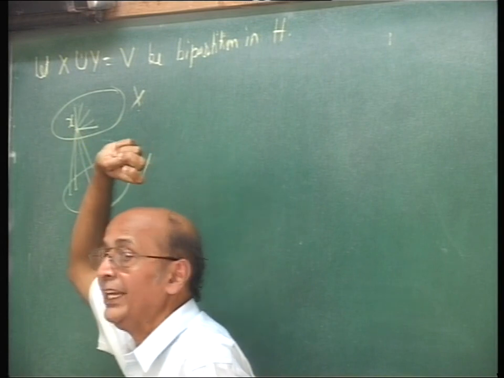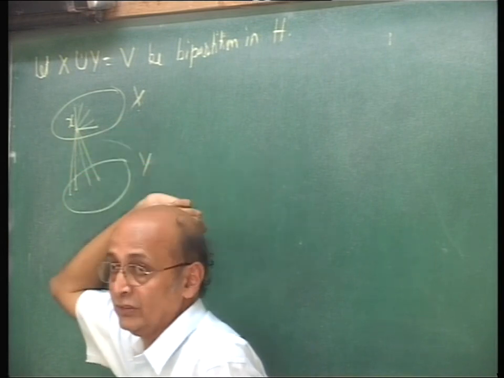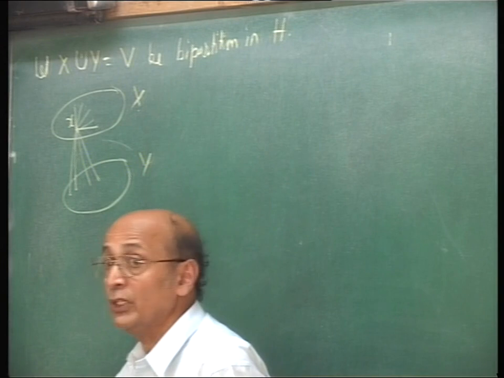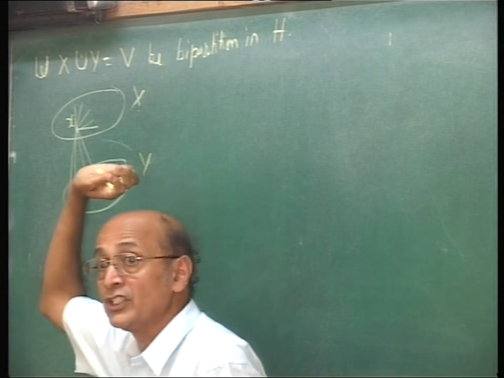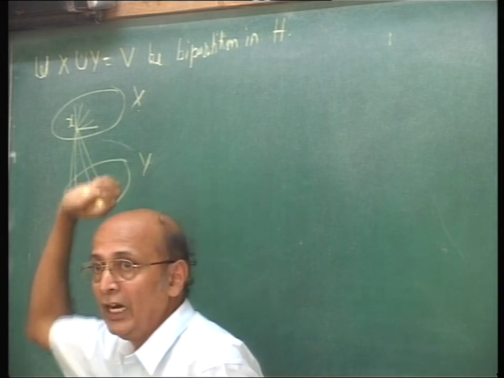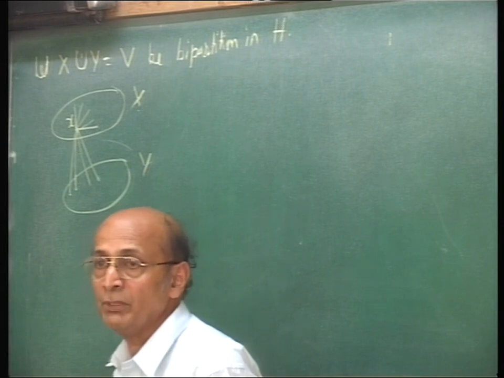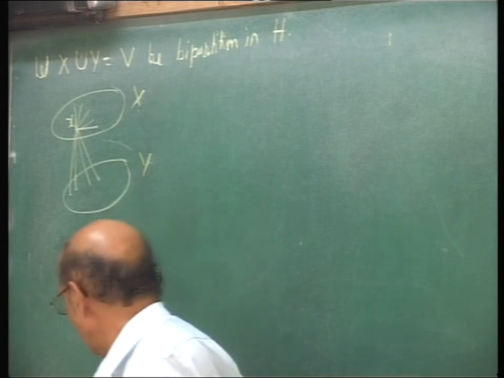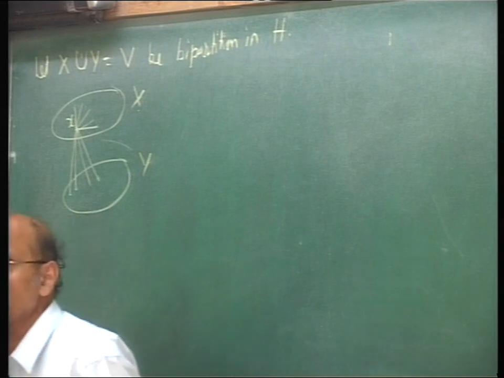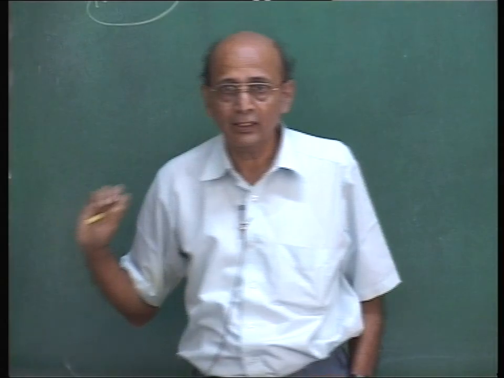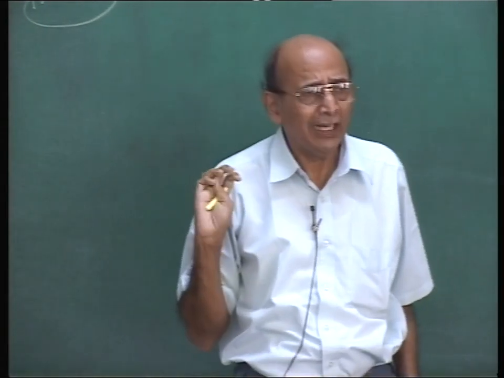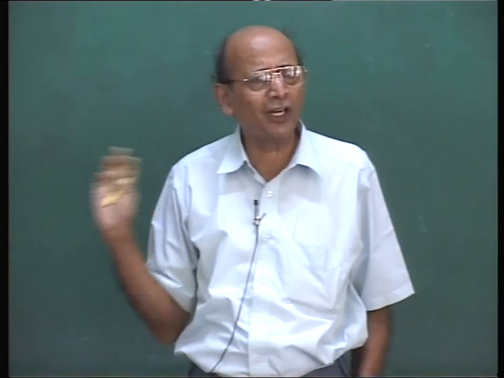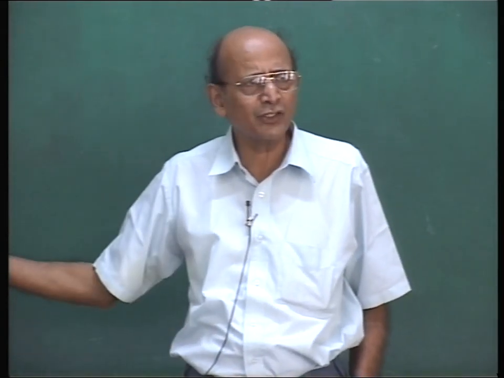Therefore, there is a net gain of 1 edge, which is a contradiction because we assumed that H has the largest number of edges. So that's proof by contradiction. Else, those who don't like proof by contradiction, this is a constructive proof.